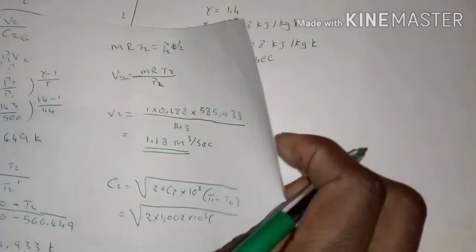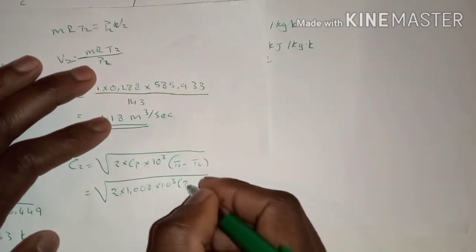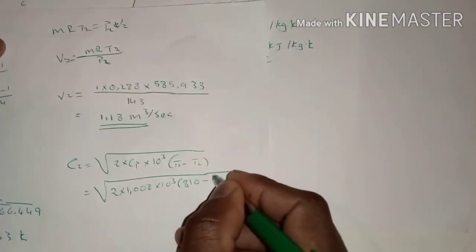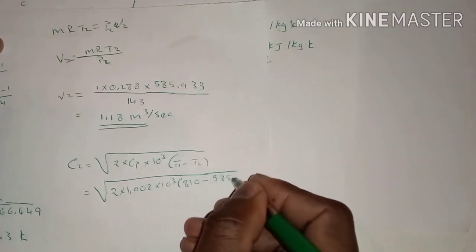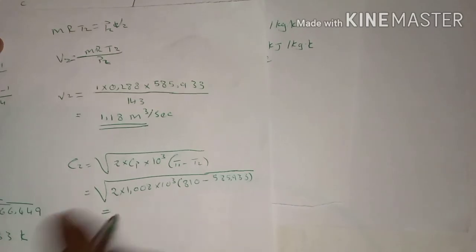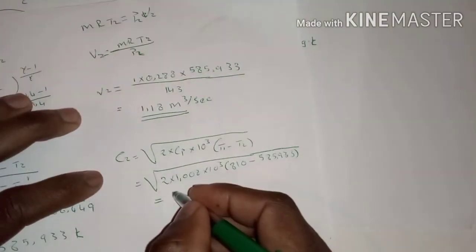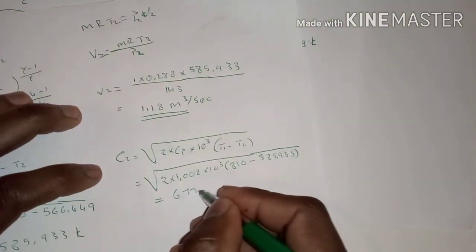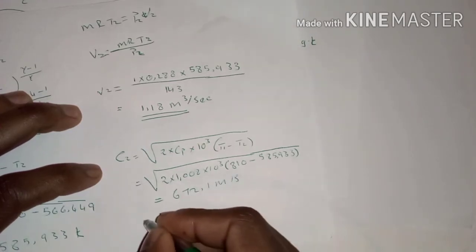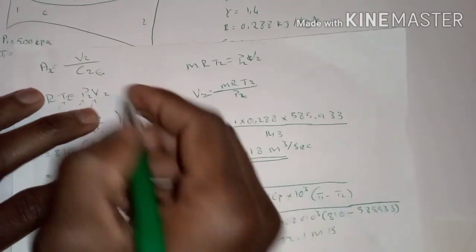Temperature number 1 is equal to 810 minus temperature number 2, which is 585.933, and this is equal to 672.1 meters per second.